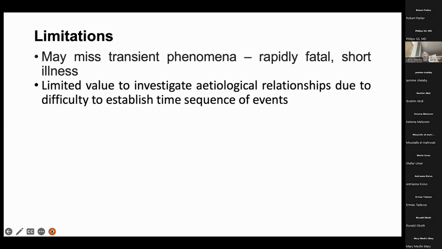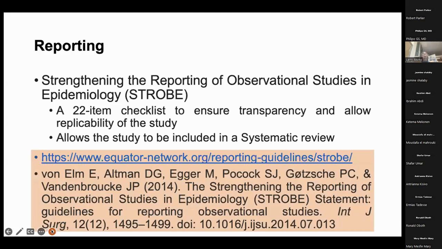But if it's fatal, you'll not be able to know whether they had the flu or died of something else. There is also limited value in investigating an etiological relationship due to difficulty establishing the time sequence of events. You might not know what came first. You'll be seeing a relationship, but you won't be able to know what came first.